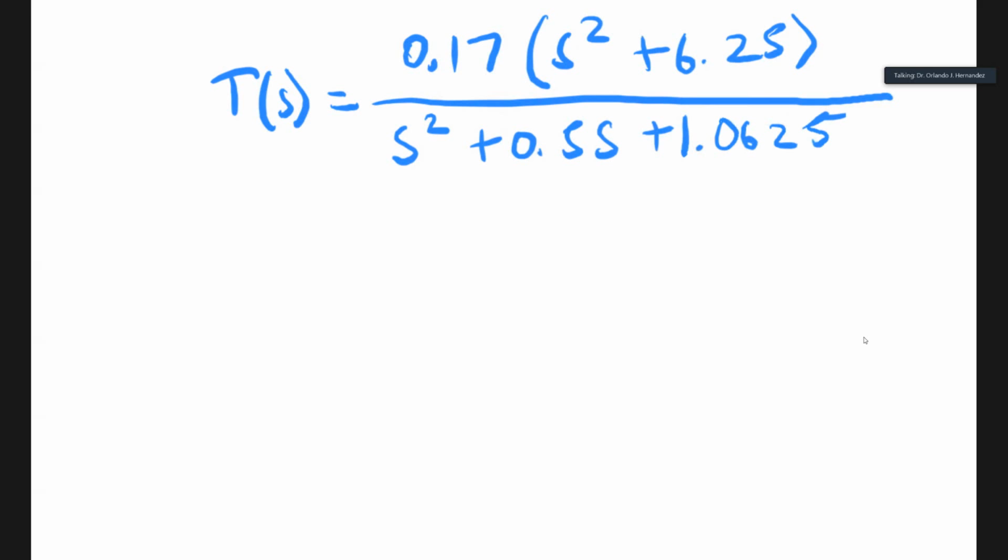and then the second question was what is the amplitude as the frequency approaches infinity.